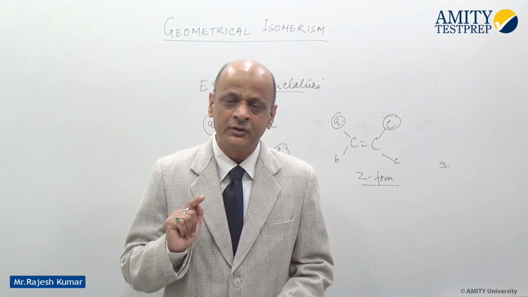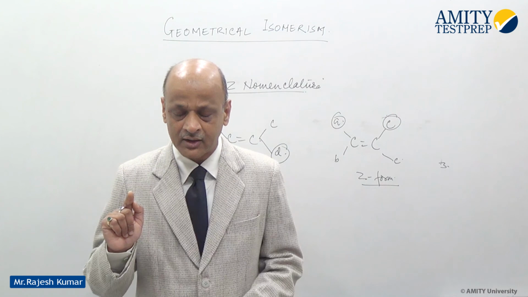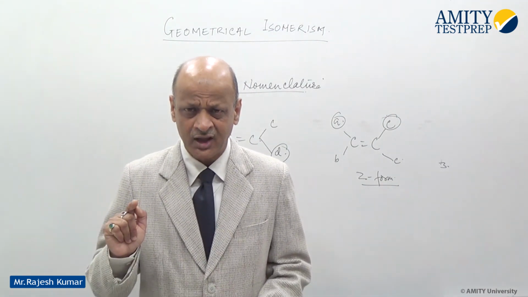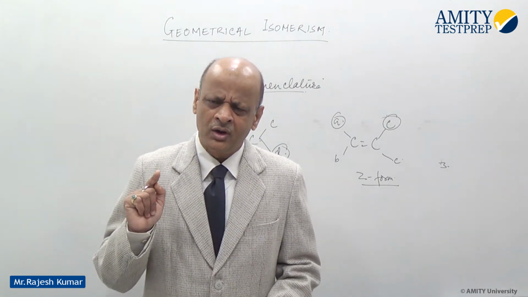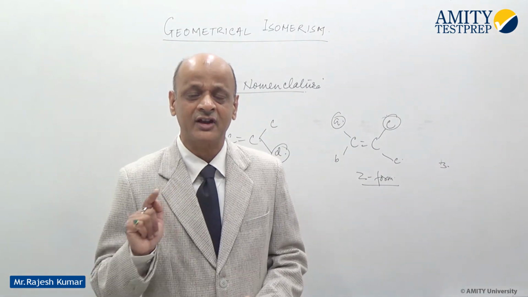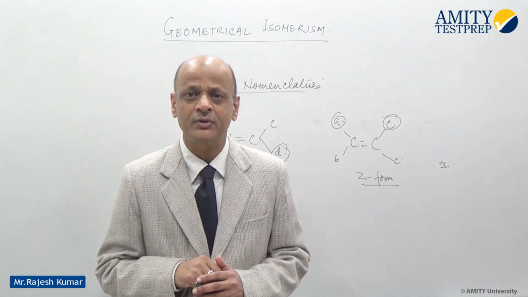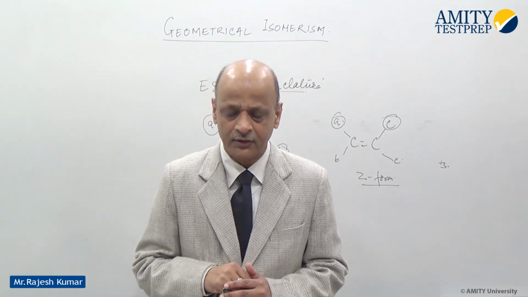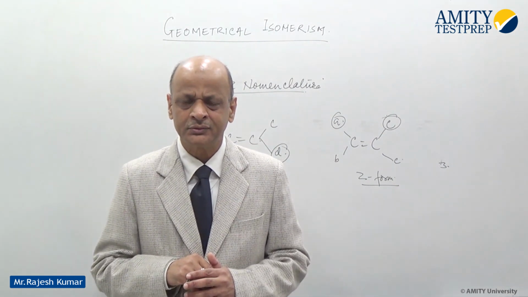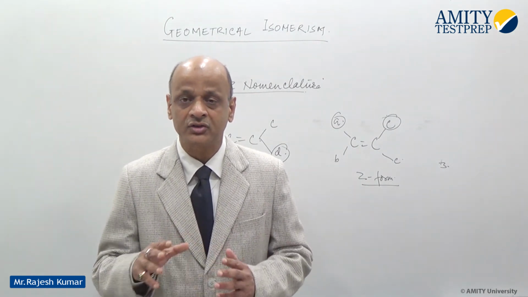If it is a group, the first atom of the group which is bonded to the double bonded carbon atom will decide the priority on the basis of atomic number. If the preference is not decided by the first atom, then we will consider the second atom and subsequent atoms. And if it is a double bond or triple bond, it is considered equivalent to two or three single bonds.